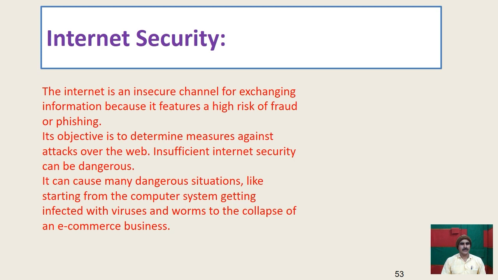Here, the internet is also very good, but if we think in terms of disadvantages, the internet is also very bad. So its objective is to determine measures against attacks over the web.